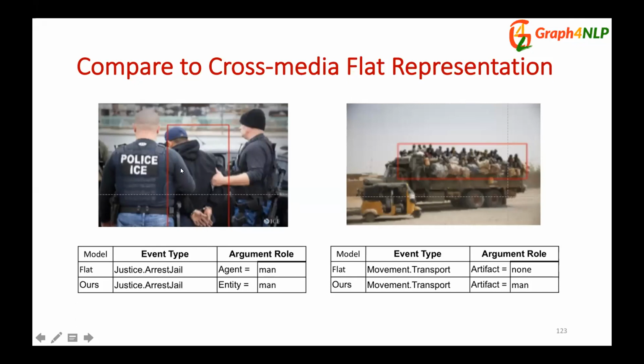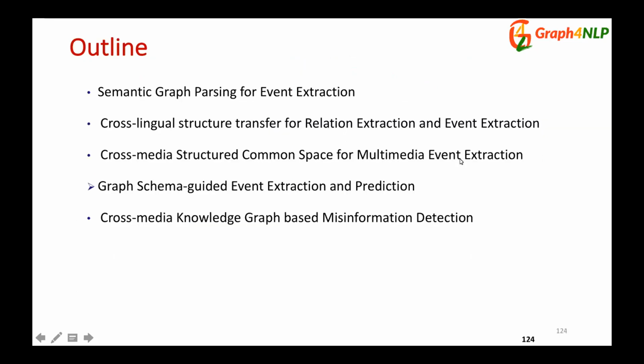For example, here, this person was mistakenly identified as agent in the flat model, which ignores the structure, and we are able to identify this person as a person who is being arrested. This kind of method works particularly well when you have a very big crowd that serves as one role for a certain event, such as the right image. So this kind of algorithm not only improves the portability, but also quality.